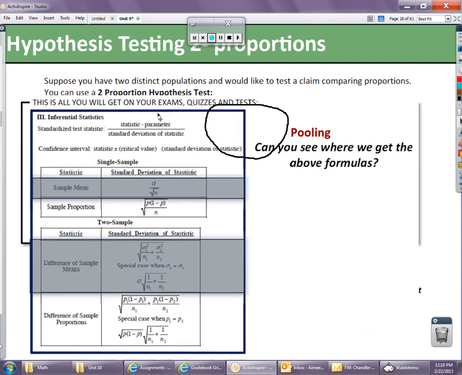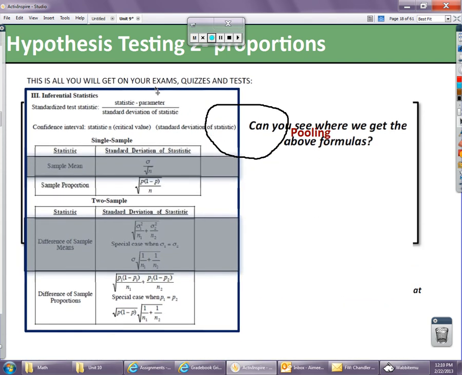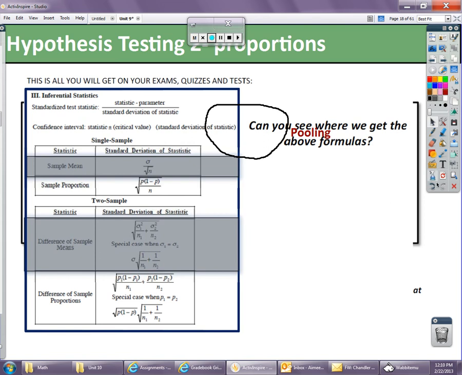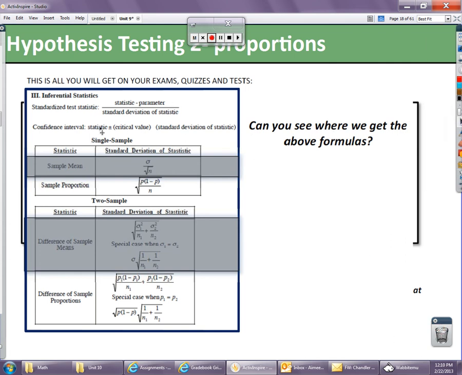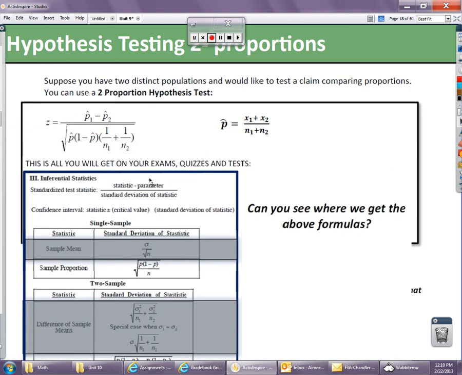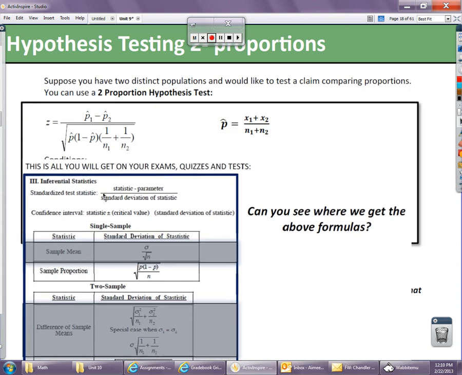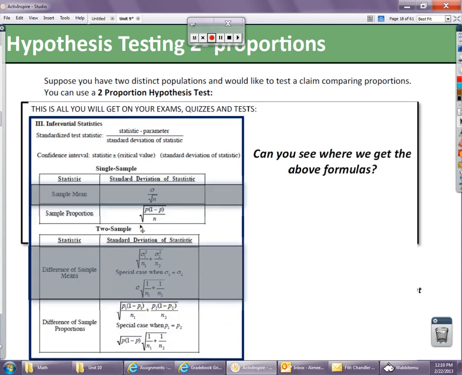And then looking at the formulas, same thing as our previous confidence interval. We want to make sure that, again, this is your standardized test statistic. That's the z-score. So this z-score right here, that is your standardized test statistic. So you want to take the statistic of your first proportion and subtract the statistic of the second proportion, and then your standard deviation of the statistic, since you are in two proportions, is actually right down here.